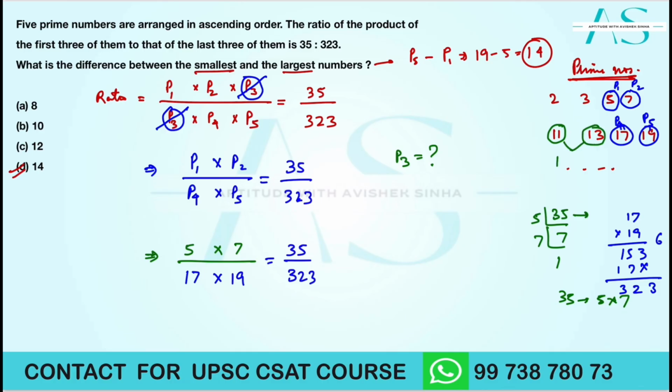I'm not sure which one is the correct value for P3 because it is repeated, and since it is repeated, we can easily cancel it out. In ascending order it could be any of the two values. But we know with surety that P1, P2, P4 and P5, four of the five numbers, are exactly these values because of the result that we have here.